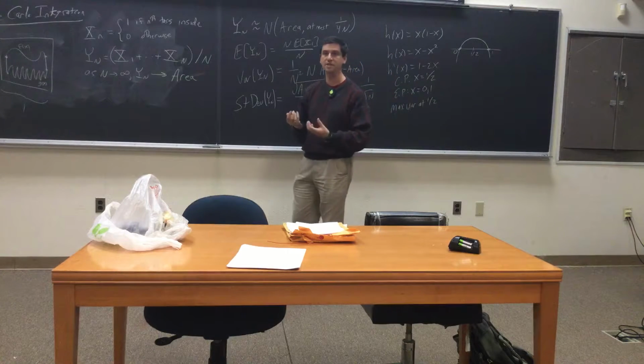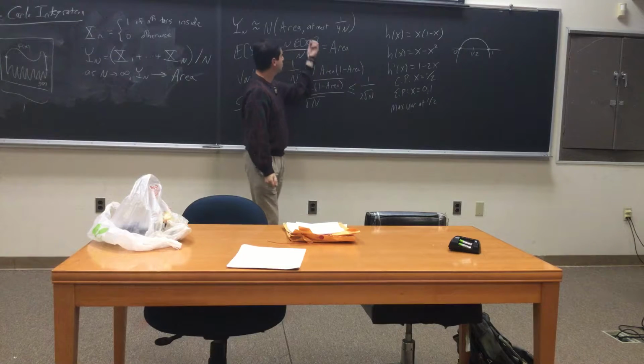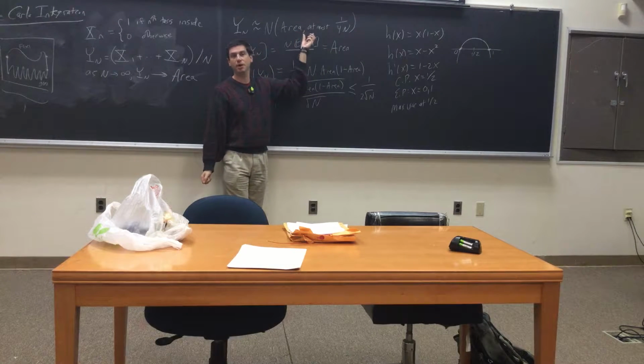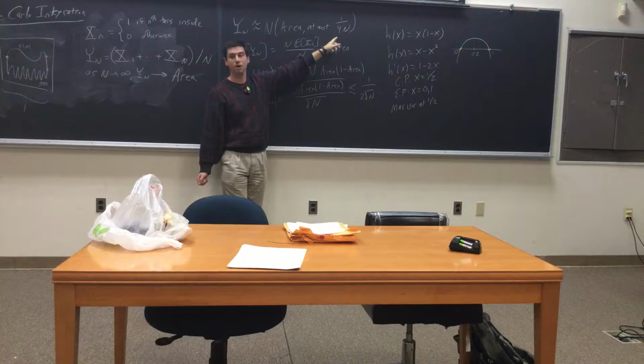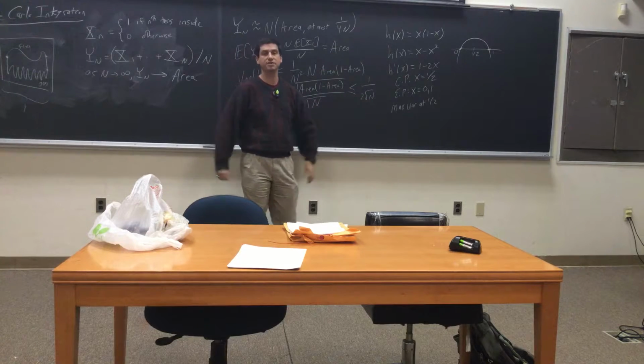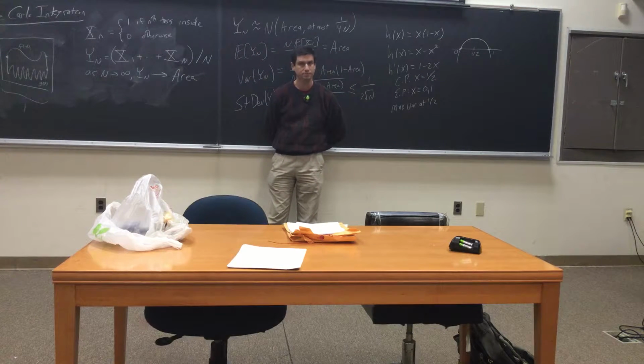If I run the program and I have an n this large, what's the probability I'm within a certain amount of the true area? Say I want to be within 0.01. I can get an upper bound by assuming the worst possible case, that the variance is as large as possible. I might be doing much better because the variance could actually be a lot smaller. But this is at least one possibility.